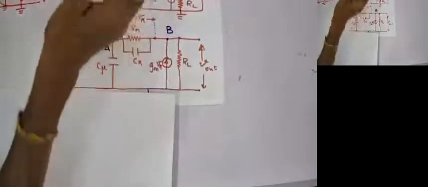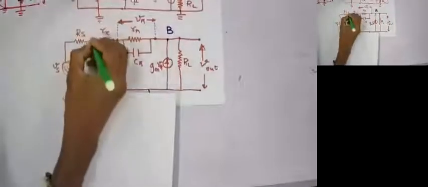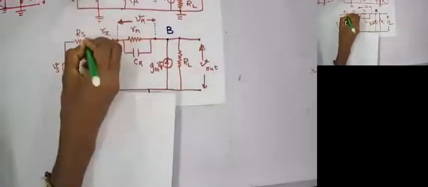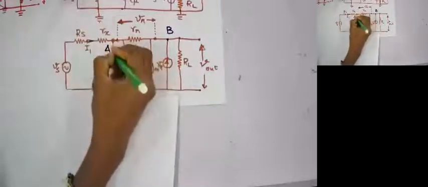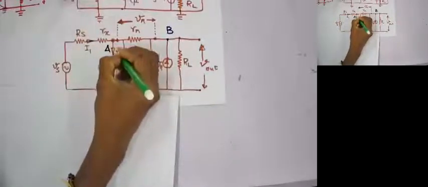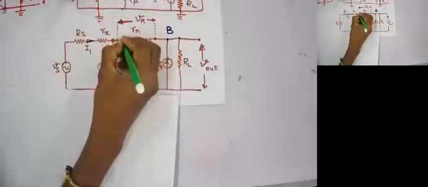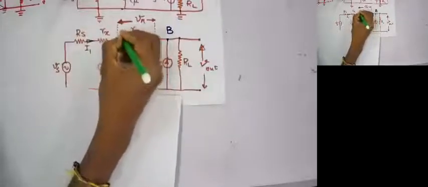Okay, now we'll do the calculations. For your ease, I can do another thing. Make sure that we have a current here. Let this be I1, and here another current which is I2, and here another current which is I3.